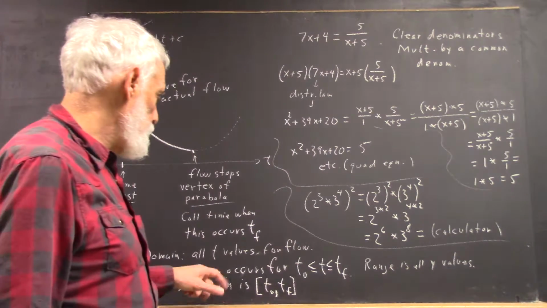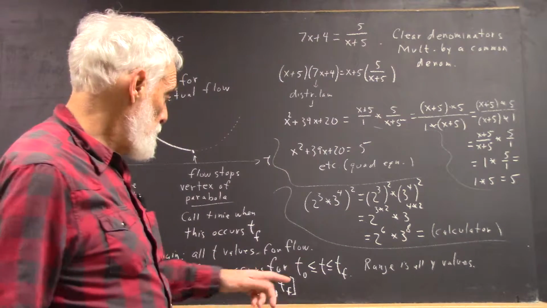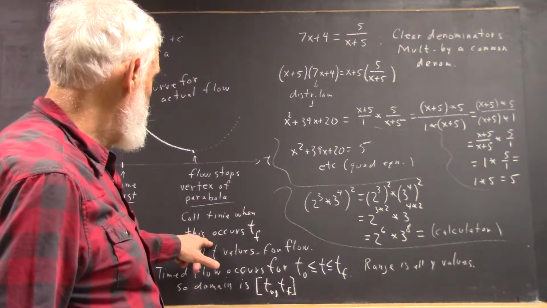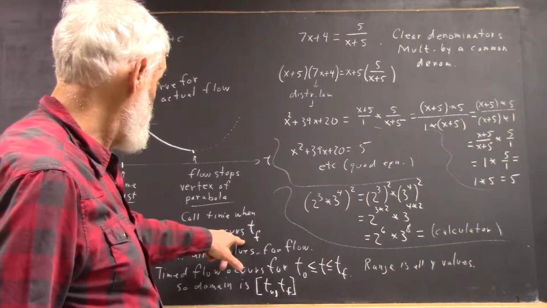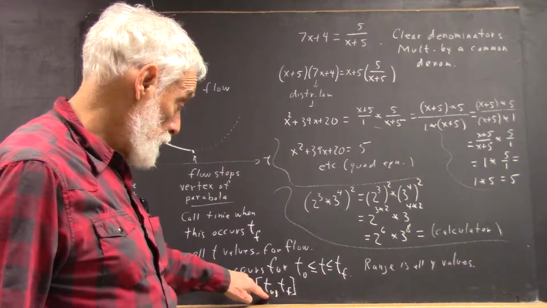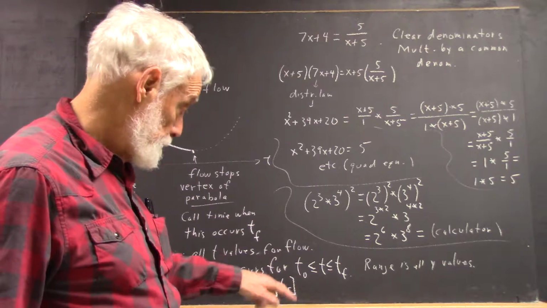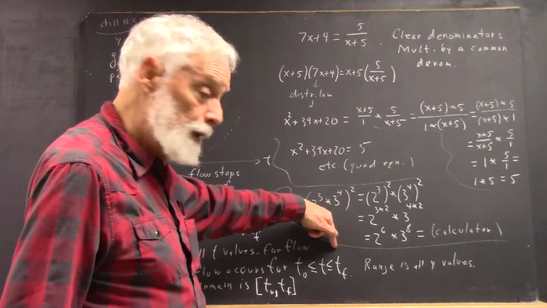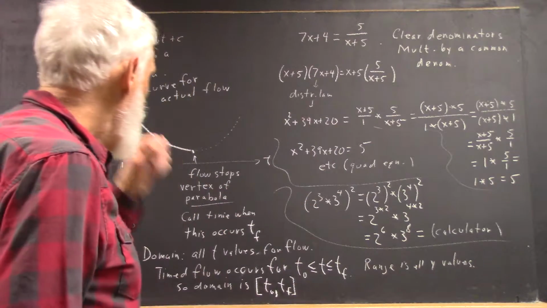Okay, well, we timed the flow between T naught and Tf, where T sub f is the time when the flow stops. So the domain is the closed interval from T naught to Tf, which could be written T naught less than or equal to T less than or equal to T sub f.